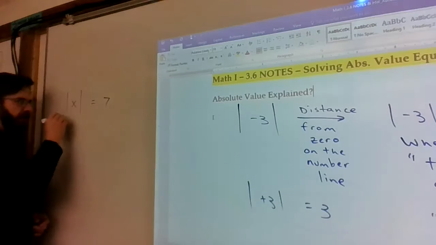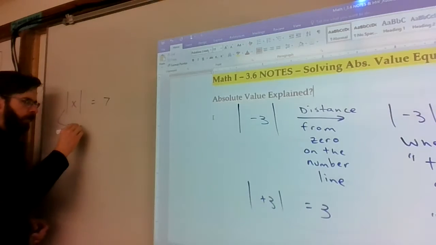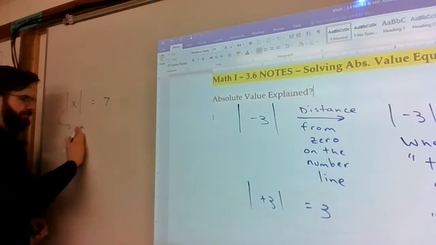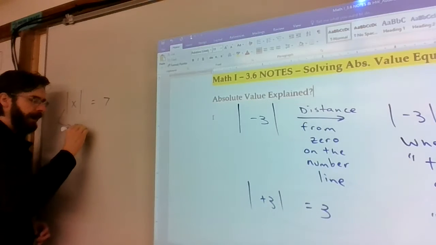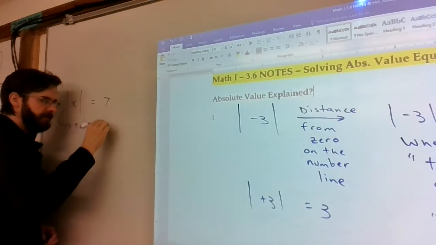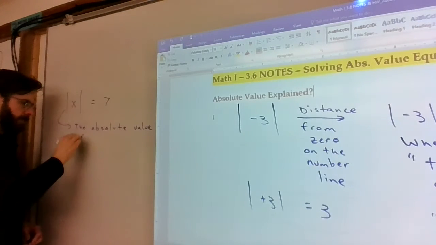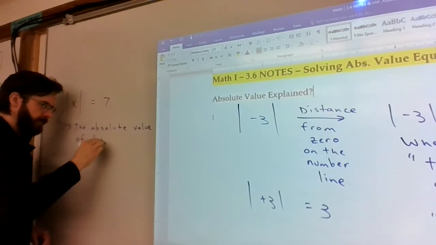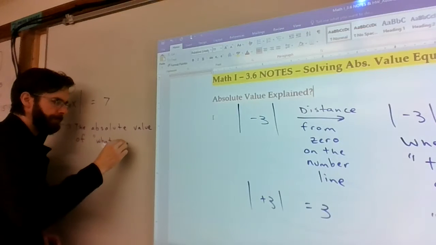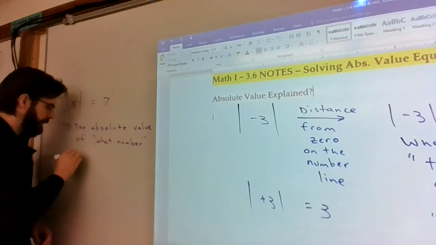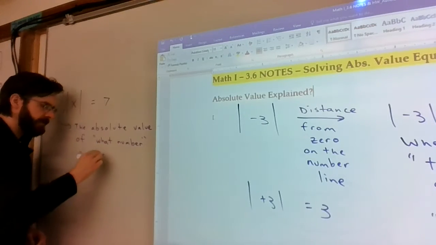Well, we have to ask ourselves this question: the absolute value of what number gives me 7?